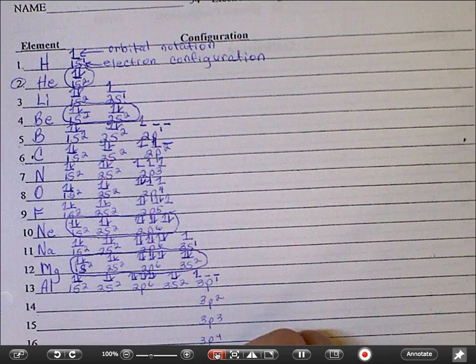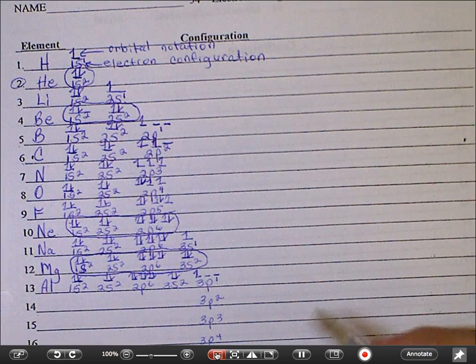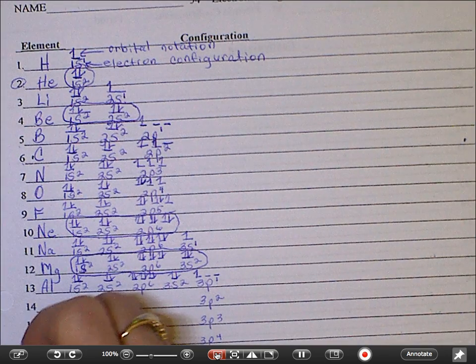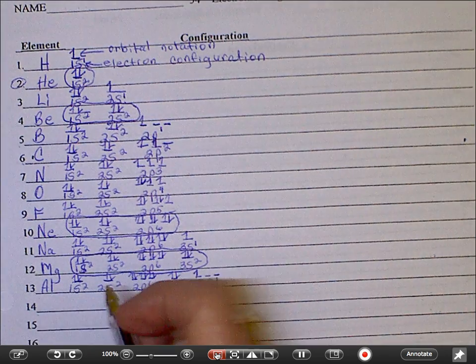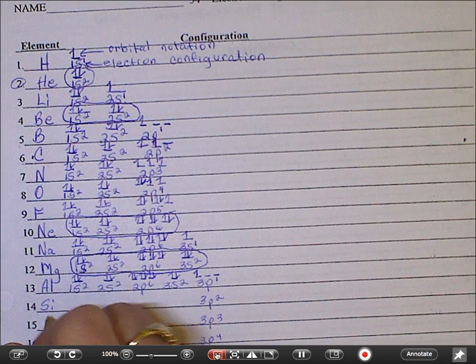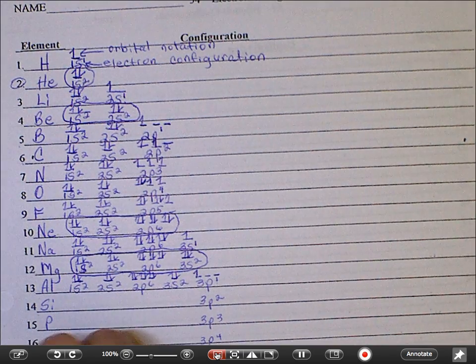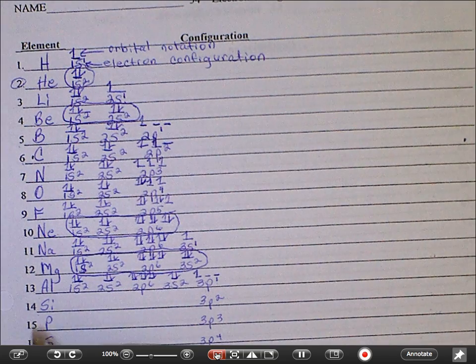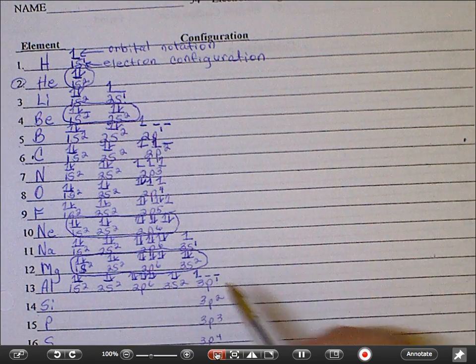And 3p6. All right. So we got Al, Si, phosphorus, sulfur, chlorine, and argon, right? Yes. All right.